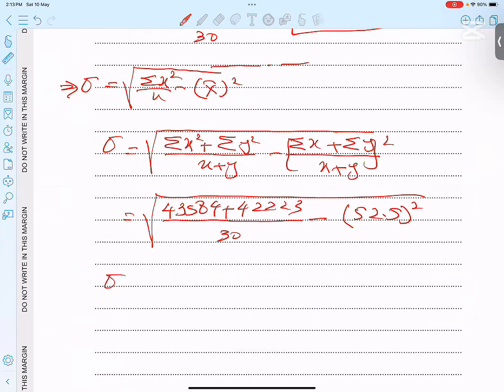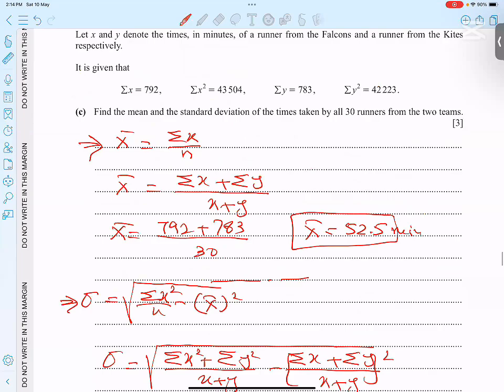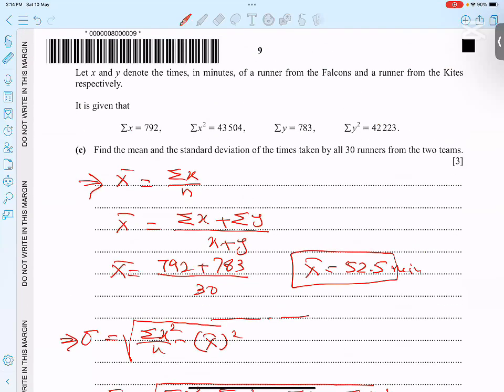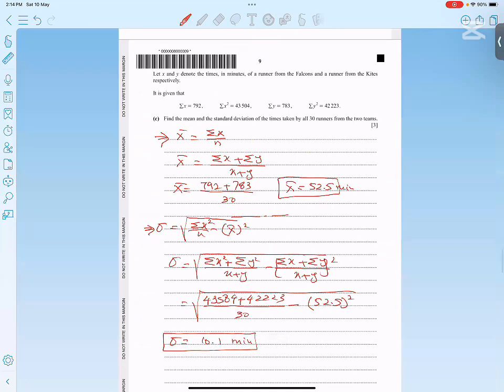The deviation of the whole group, if you type it in the calculator, turns out to be 10.1 minutes. The deviation is also in minutes, because he asked about the runners' times. Alhamdulillah, the question is completely over.